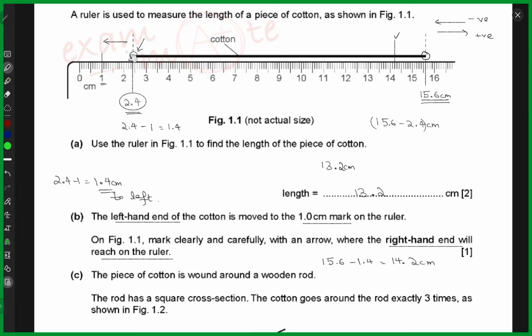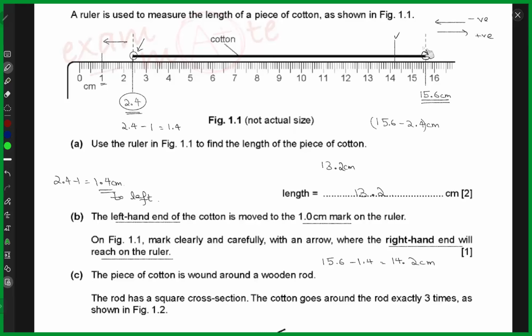This means I have moved this end 1.4 centimeters to the left to make it reach this 1 centimeter mark. So if I've moved this end 1.4 centimeters to the left, then obviously this part will also move 1.4 centimeters to the left. The entire cotton would move 1.4 to the left.